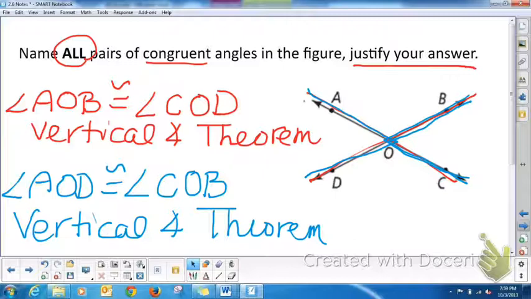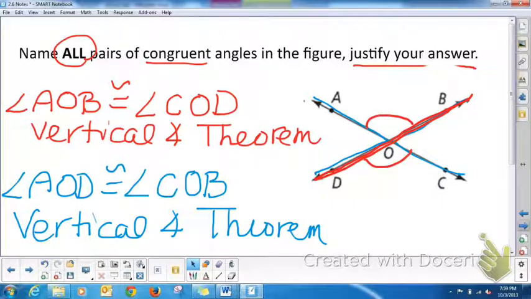You could also say that you know angle AOB is congruent to angle COD because they are both supplementary to this angle. They are congruent because they're both supplementary to angle BOC. They lay on a straight line with it.